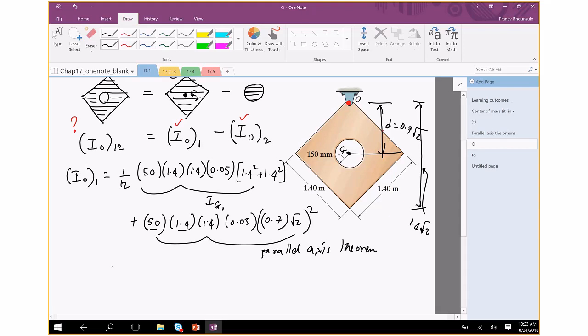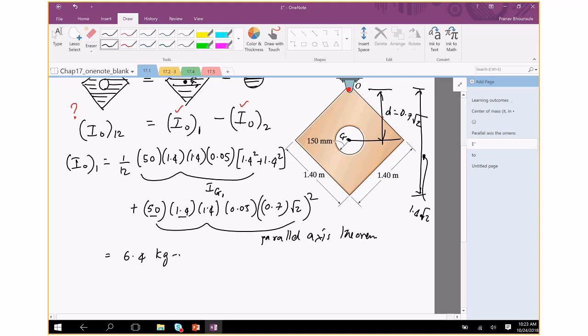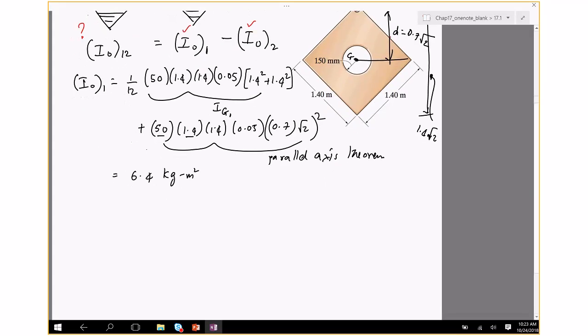Okay, so if you do the math, it comes out to be 6.4 kg meter square. Okay, so that takes care of the plate.